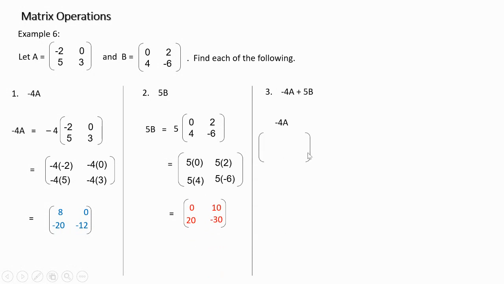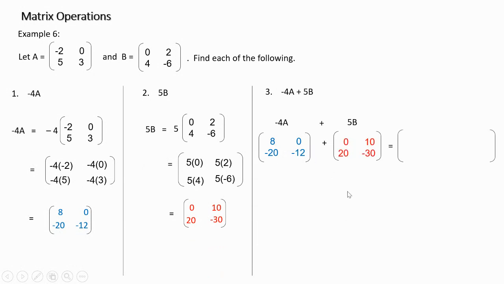Now, negative 4a plus 5b. We already have the answer for negative 4a and we already have the answer for 5b, so let's just put them together. This is negative 4a, that's why I color-coded it in blue, plus 5b, the answer for 5b is in red. Now we do what we did earlier: we're going to add them.